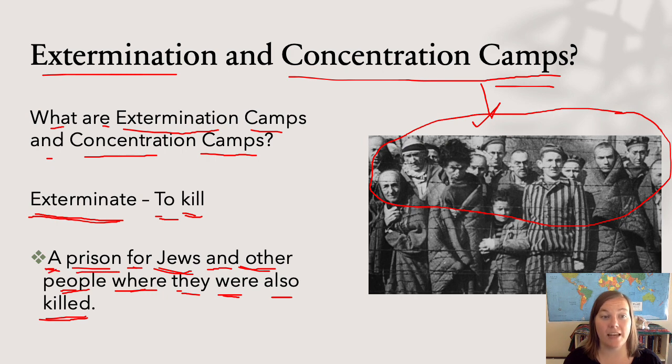A prison for Jews and other people where they were also killed. The extermination and concentration camps are known to be a part of the Nazi government. That's why these two questions about extermination and concentration camps go with the questions about the Nazi government.